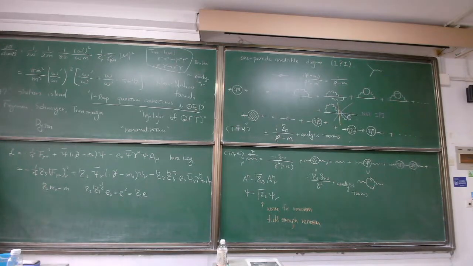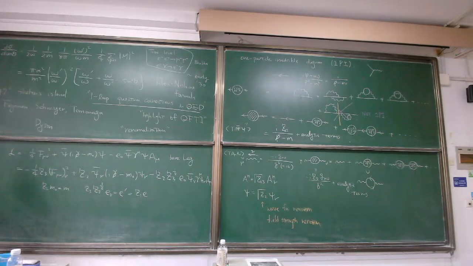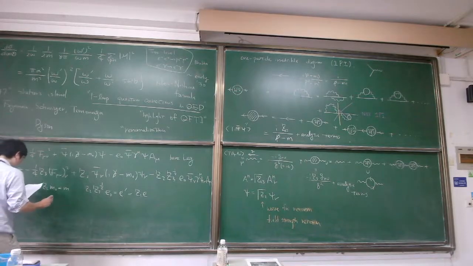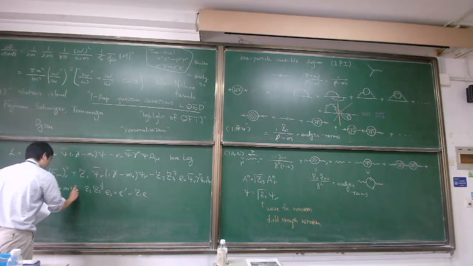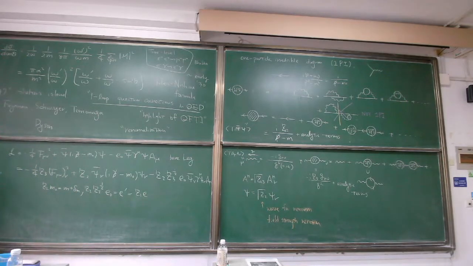Since we have this constant in the Lagrangian, we split it: Z I is equal to 1 plus delta I. Sorry, so this is M plus delta M. We just rewrite all the variables this way.